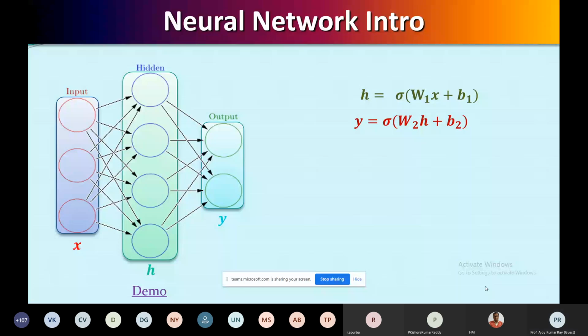So in general, how many features will be there? Nobody knows. Suppose in case of images, I give the entire image as the input. Can you imagine how much data it will mean?